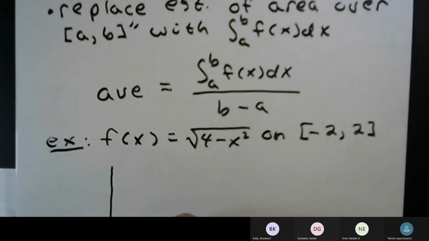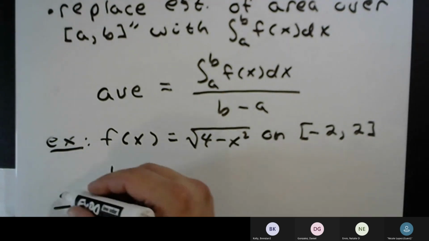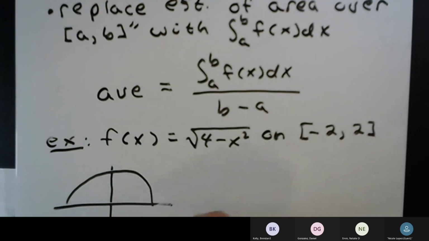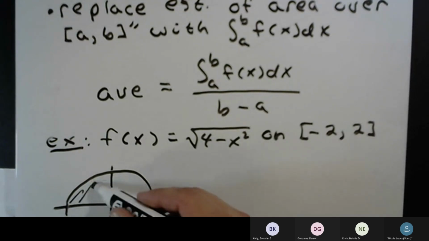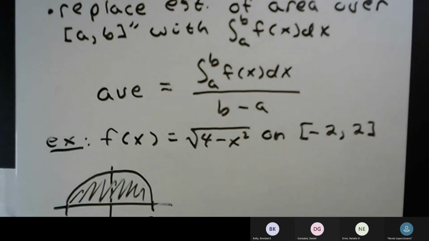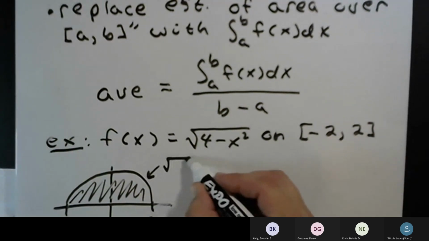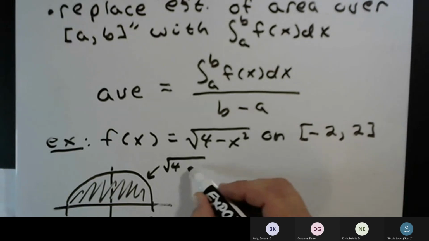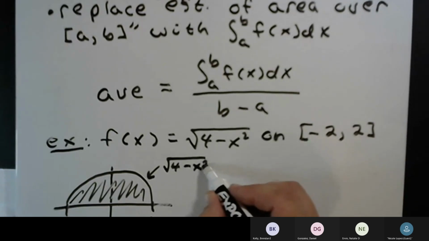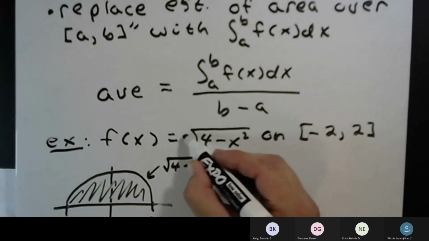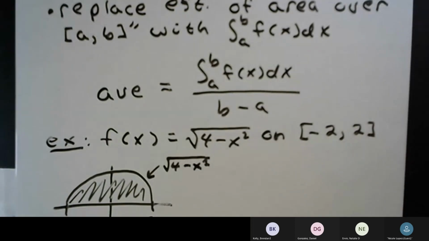So what we have is this. If we had the bottom part, we would have the minus in front. But we have the positives, which means we have the top part.